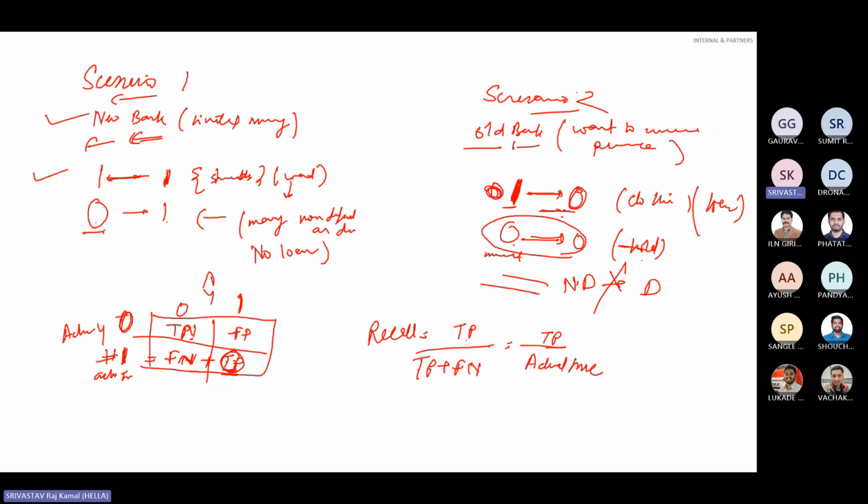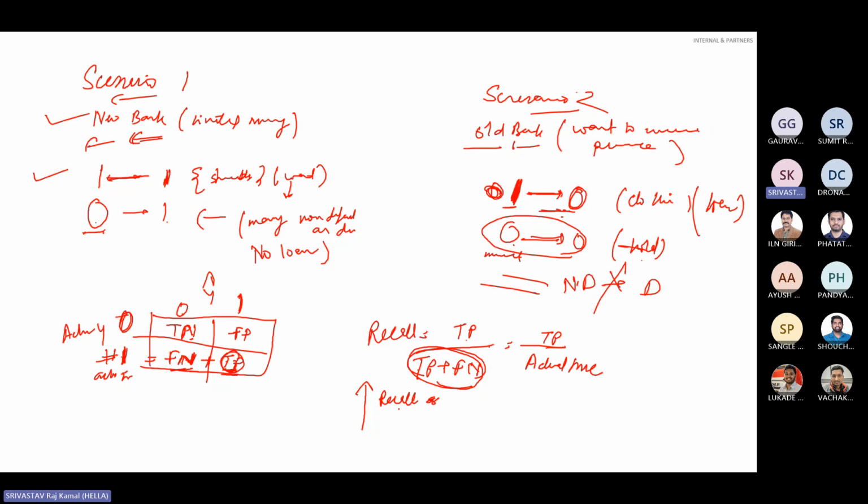Now take the false negatives term. If my model is saying 0 where the actual is 1, and if this number is lesser, this whole number will become lesser and we will increase the recall. Recall will increase.